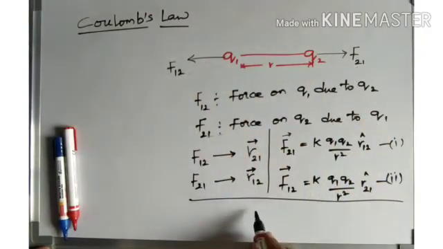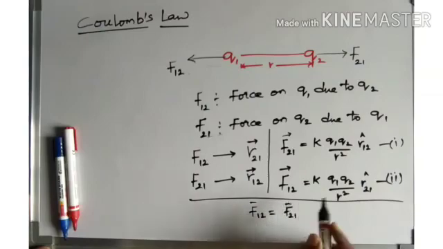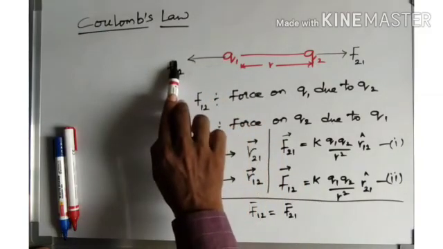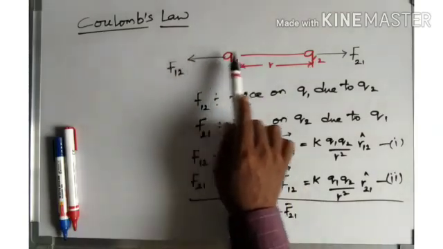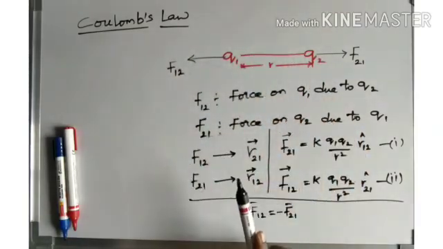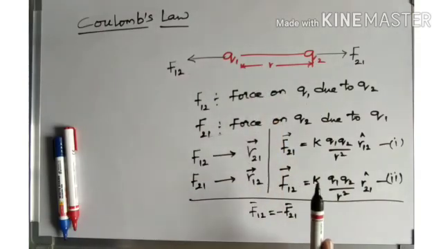These two forces are equal in magnitude and opposite in direction, which is why we write a minus sign. Moreover, these two forces act along the line joining the two charges.